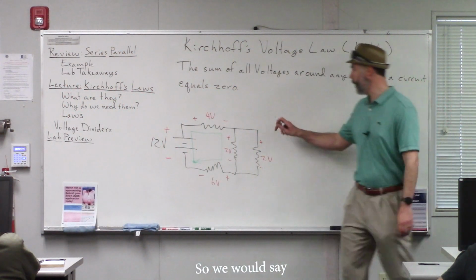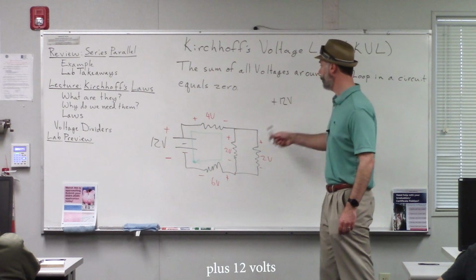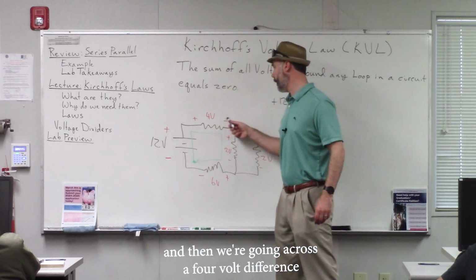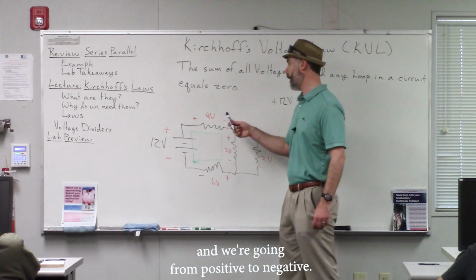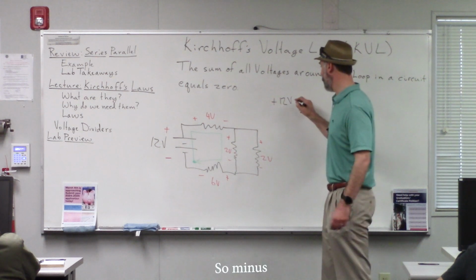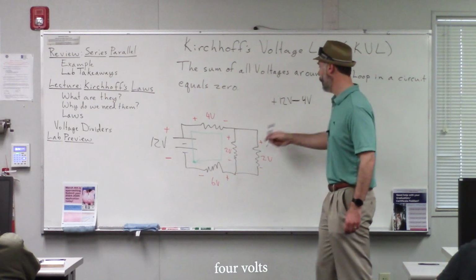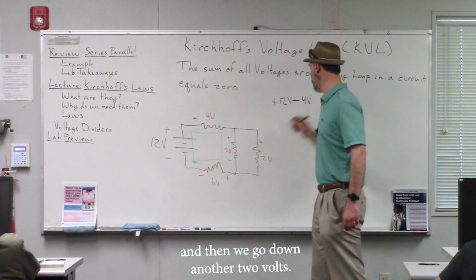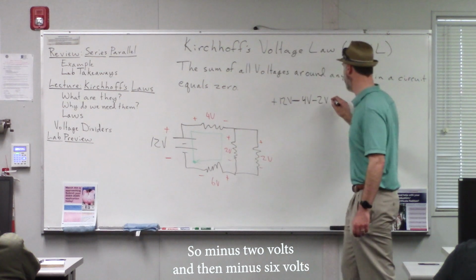So we would say plus 12 volts, and then we're going across a 4-volt difference, and we're going from positive to negative. So we're going downhill here. So we would subtract that. So minus 4 volts, and then we go down another 2 volts, so minus 2 volts, and then minus 6 volts.